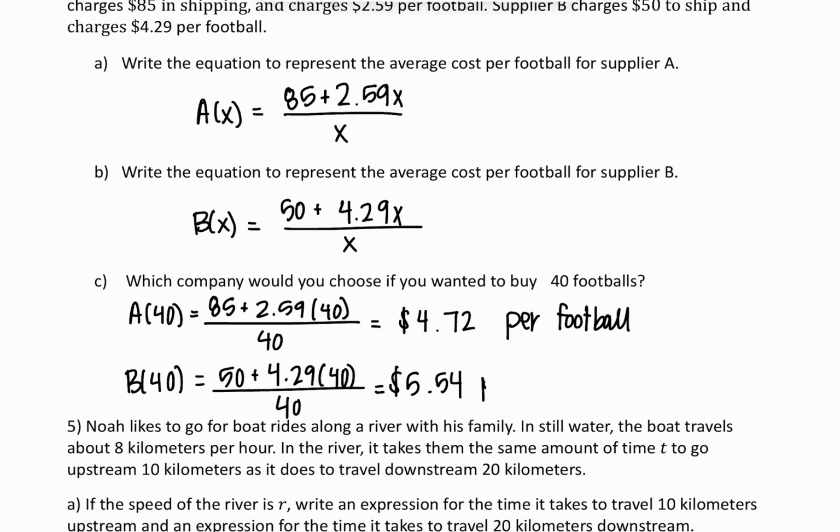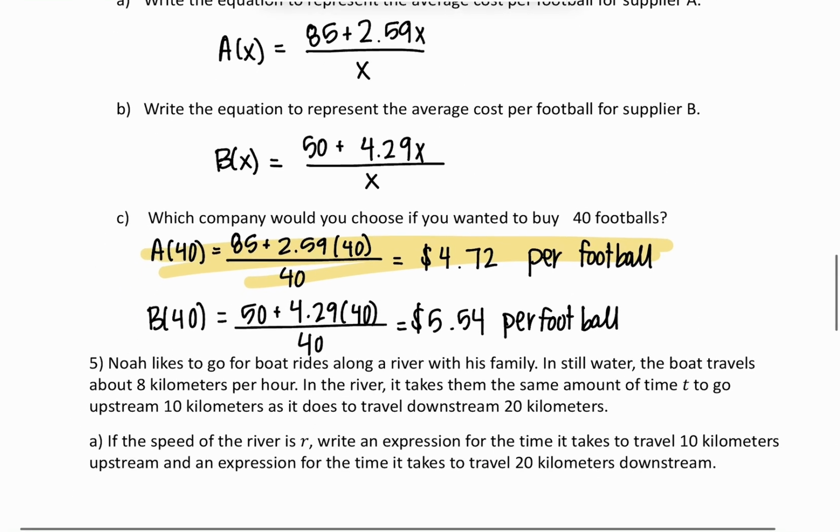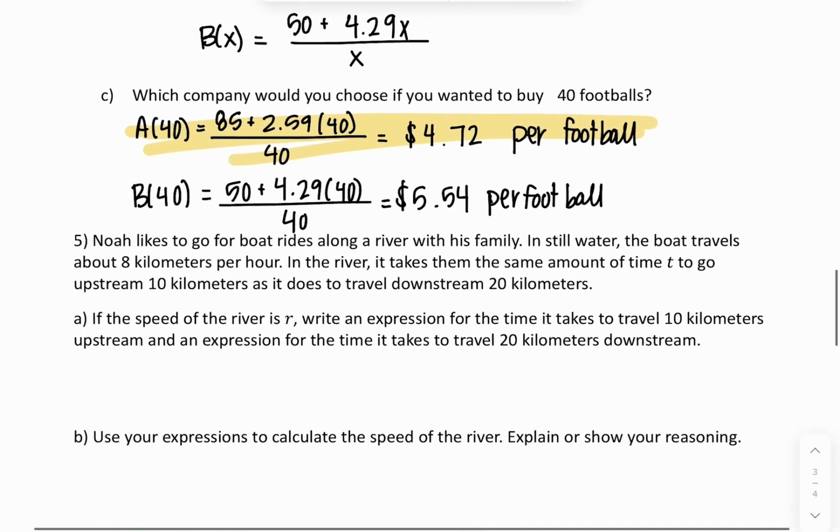So in this case, with only buying 40 footballs, supplier A would be the one to choose, but if you were to buy more footballs, supplier B might be the better route, or less footballs. It just depends on your total.